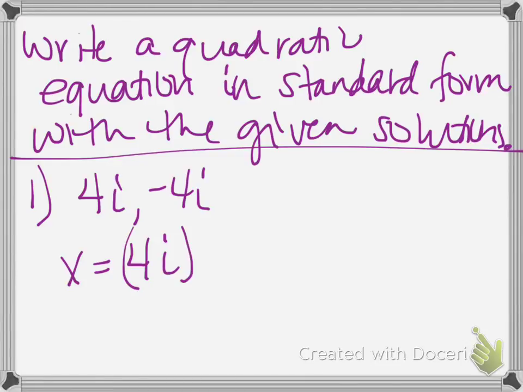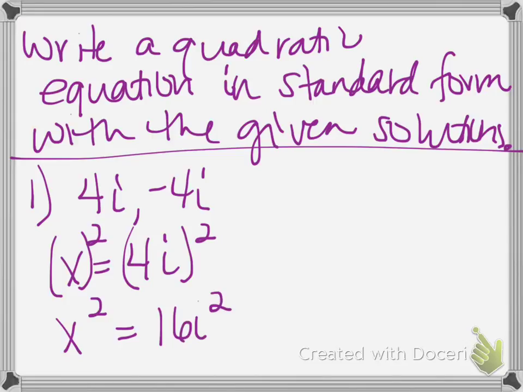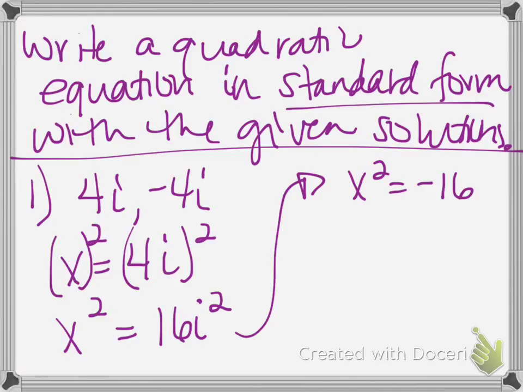If I square both sides to make it quadratic, I will have x squared equals 16i squared. And we know that i squared can be replaced with a negative 1, so I'll get x squared equals negative 16. Now, truly, this is a quadratic equation, but it's not in standard form.